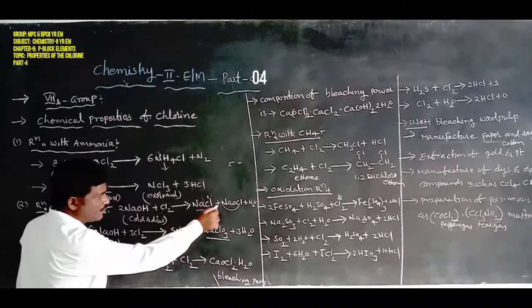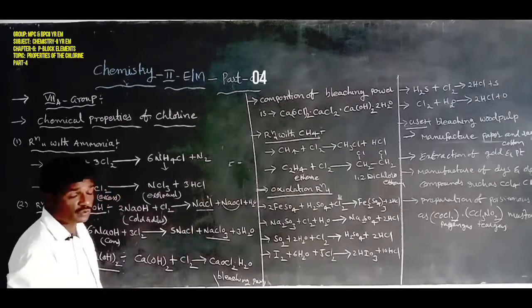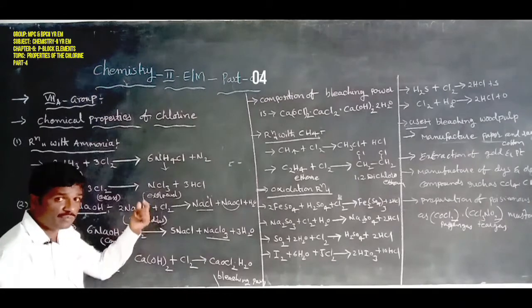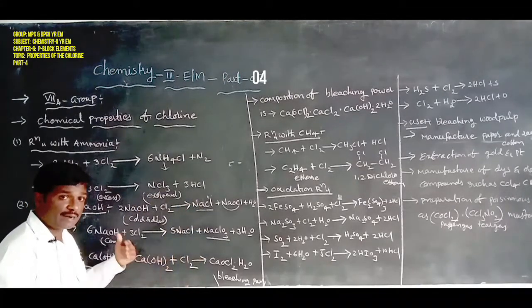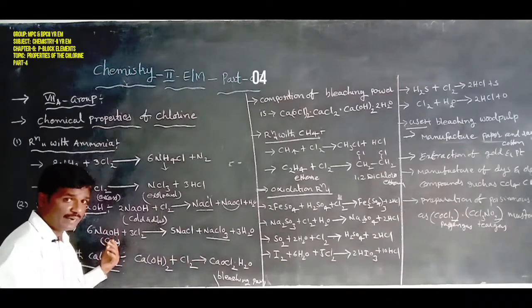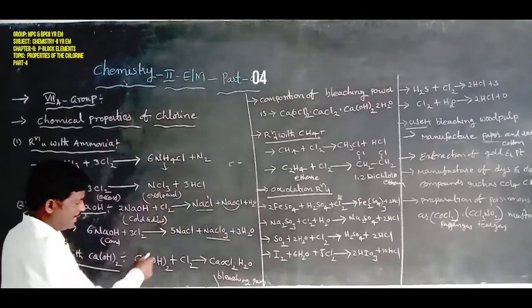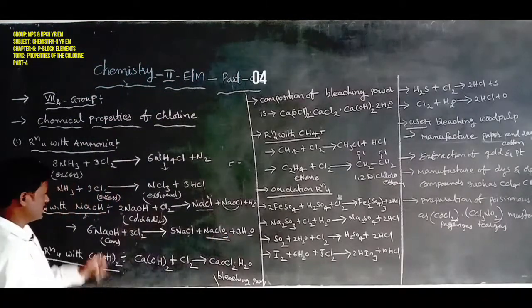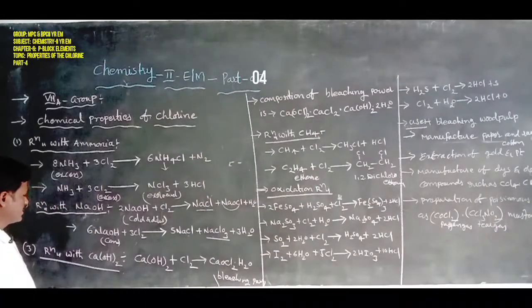Cold NaOH combining with chlorine forms sodium oxychloride, but chlorine combining with concentrated sodium hydroxide forms sodium chlorate, along with common salt and water. That is the reaction with caustic soda, or sodium hydroxide.